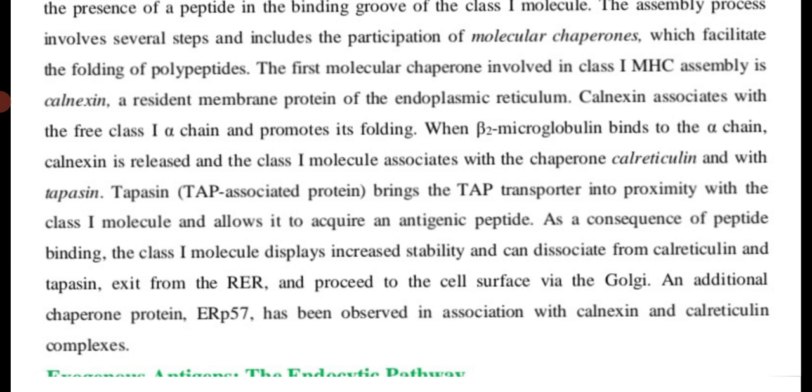After this, calreticulin and tapasin get released, and the complex of MHC class I molecule and peptide antigen is transported to the Golgi complex and from the Golgi complex to the cell surface. An additional chaperone, ERp57, has been observed to play a role in the transportation of the complex of MHC class I molecule and peptide antigen.